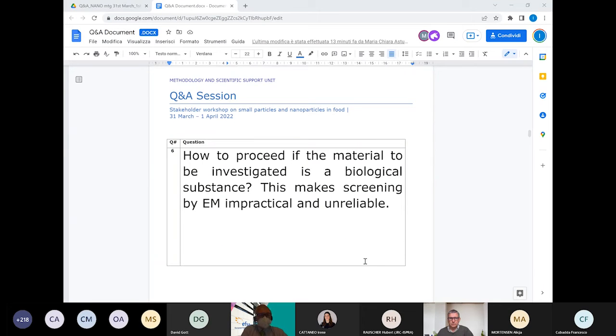It's a matter of using the correct methods. I can maybe refer to the images that Francesco showed us of the nanocellulose fibers. There, to have enough contrast, we applied a uranyl acetate-based negative staining to visualize them better. So on a case-by-case basis, you have to make sure that your methods are suitable to analyze biological samples.